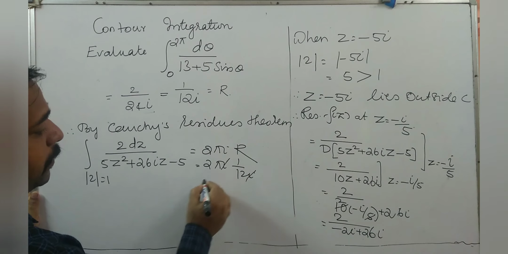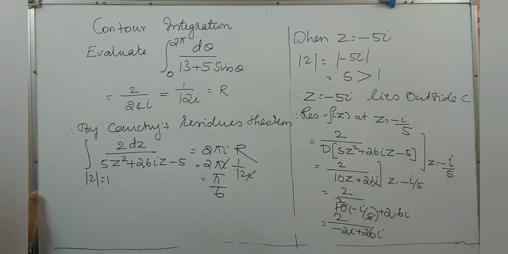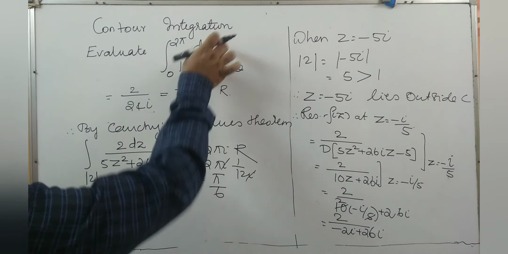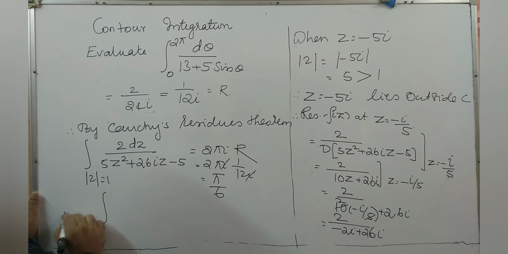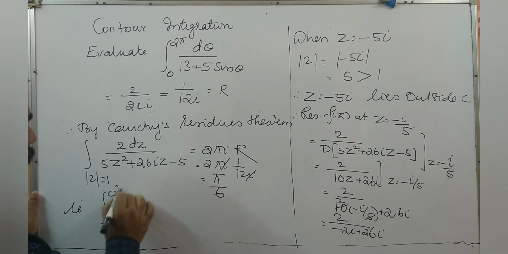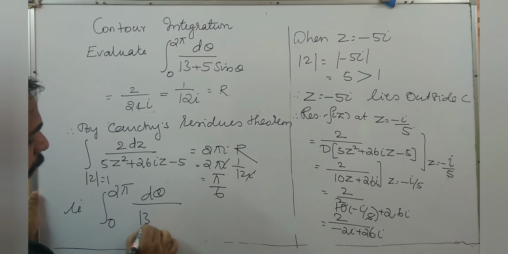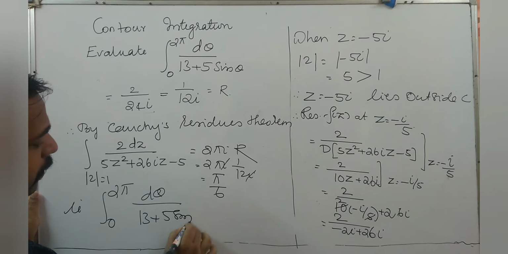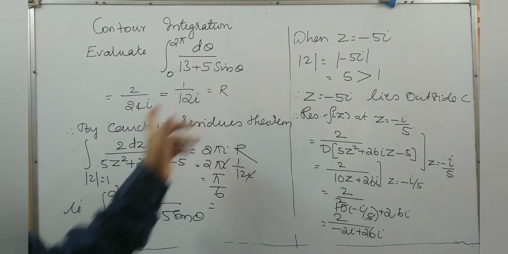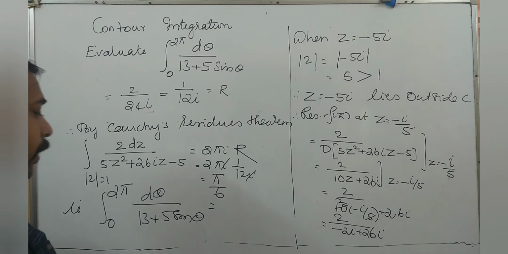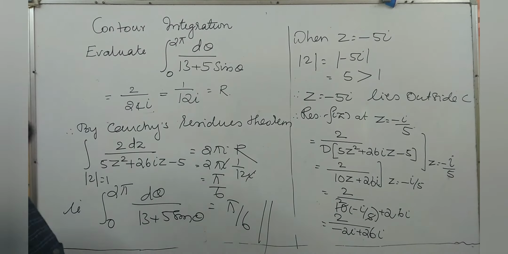So i cancels, that is pi by 6. Therefore, this is converted to this one, so these two are equal. That is the integral from 0 to 2 pi of d theta divided by 13 plus 5 sin theta equal to pi by 6. So this is our required answer.